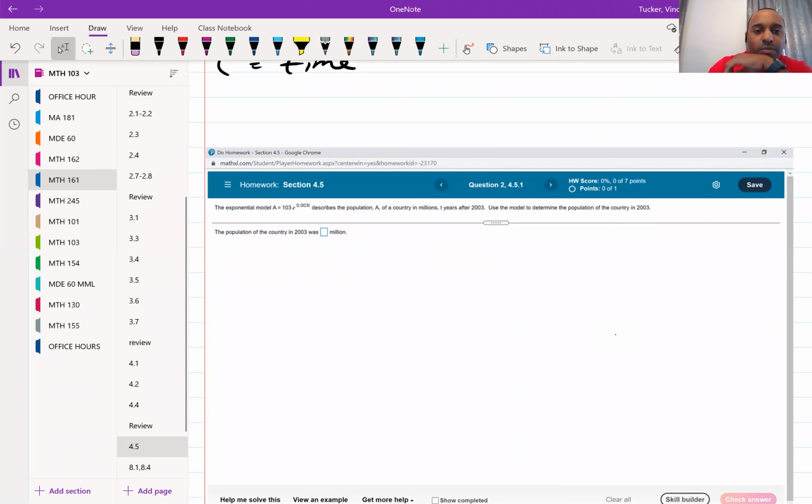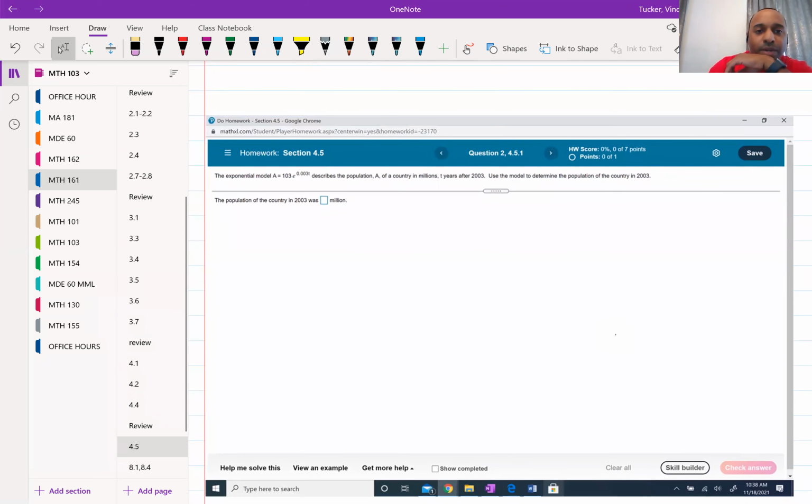So here, the exponential model A is equal to 103 e to the 0.003 t describes the population A of a country in millions, t years after 2003. Then it says use the model to determine the population of the country in 2003.